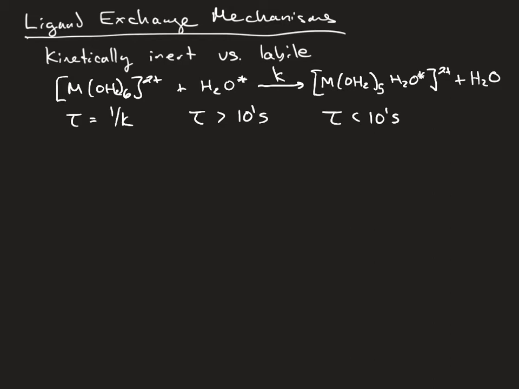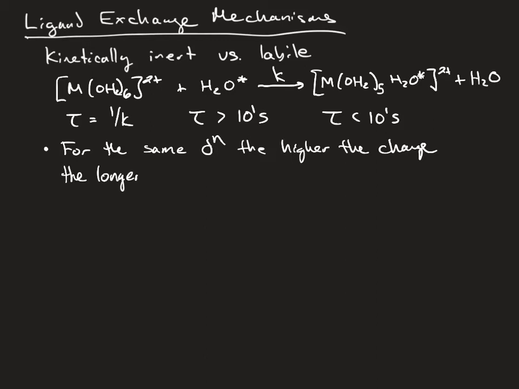We can look at some general trends with this ligand exchange, and what we find is that for the same d^n count, the higher the charge on the metal center, the longer tau is, or the more kinetically inert the compound happens to be.